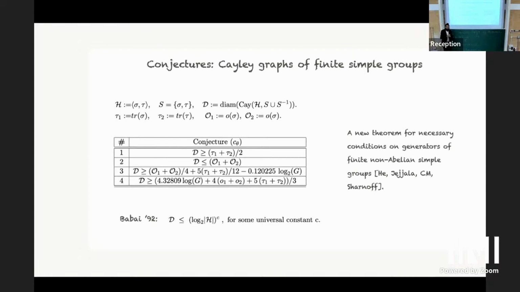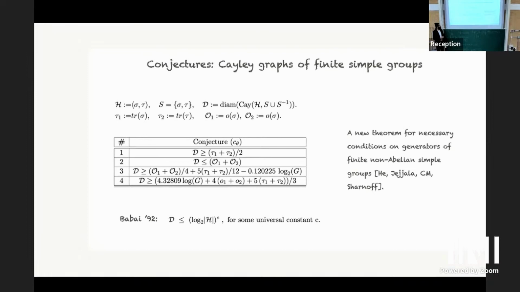So Laszlo Babai conjectured that the diameter is upper bounded by the log of the order of the group raised to the power c. Now, I understand that people expect c to be exactly equal to 2, but it is a universal constant. It's not known what the actual value is.